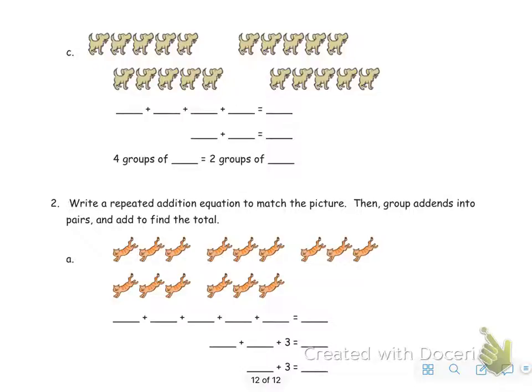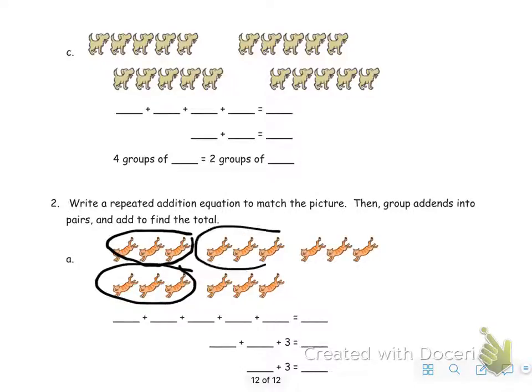Alright, so this is the one where it gets just a little bit more tricky. So it's write a repeated addition equation to match the picture, then group add-ins into pairs, and add to find the total. Okay, so I'm going to go ahead and just group these real quick.